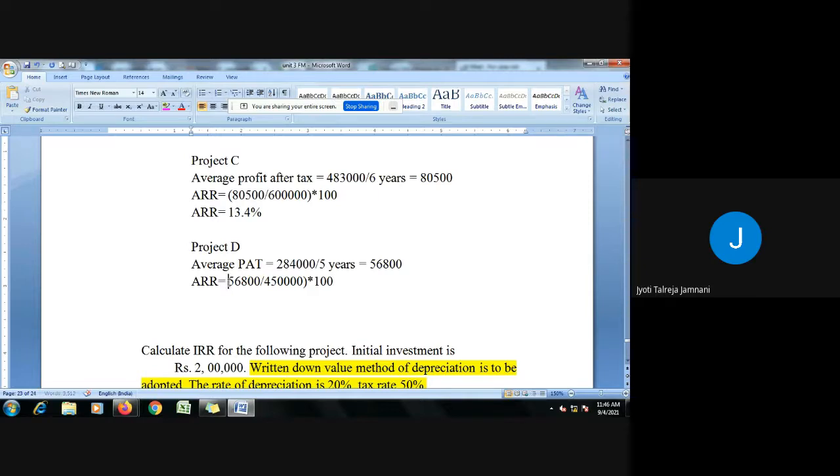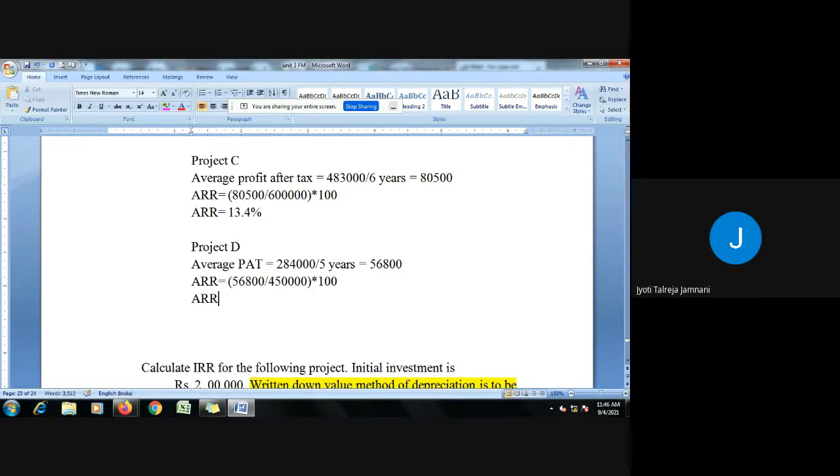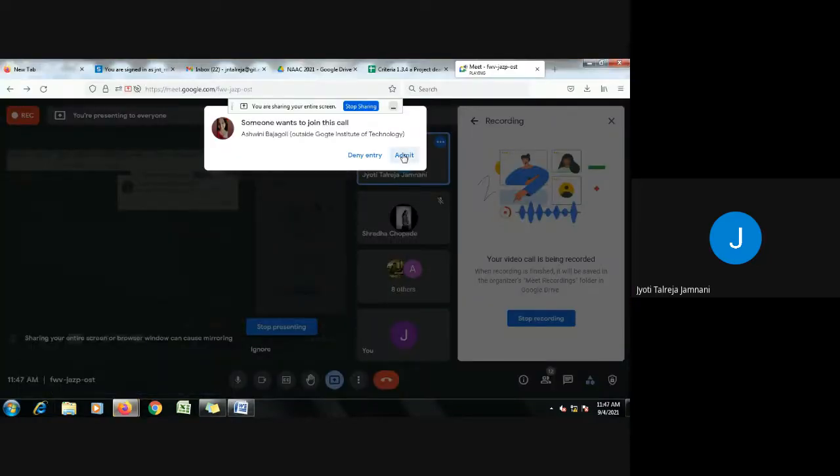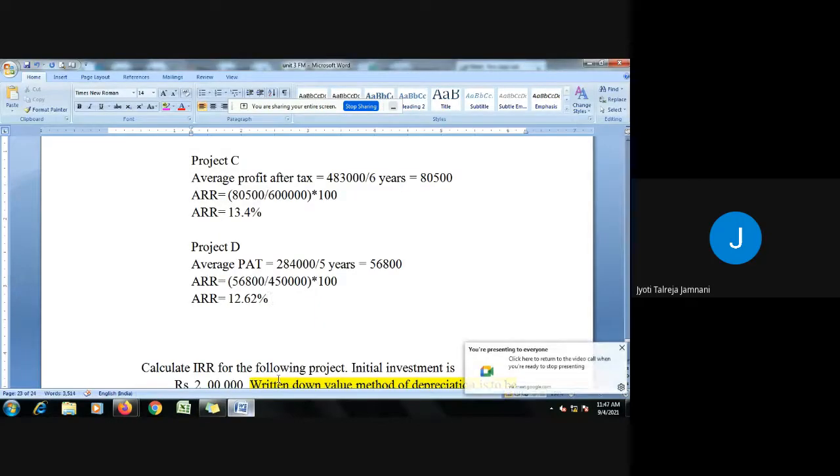So we'll get the ARR as 12.62%. So this was the ARR for all the four projects.